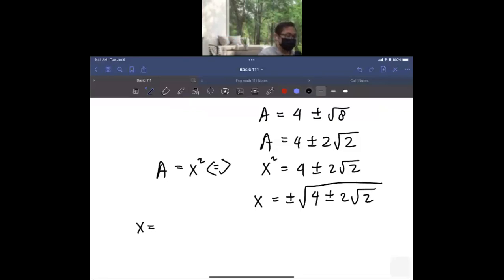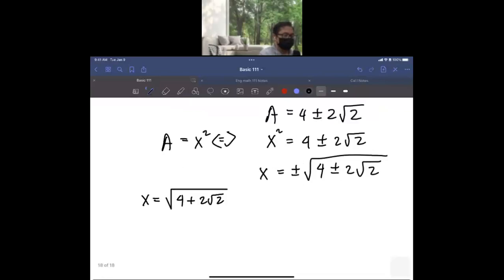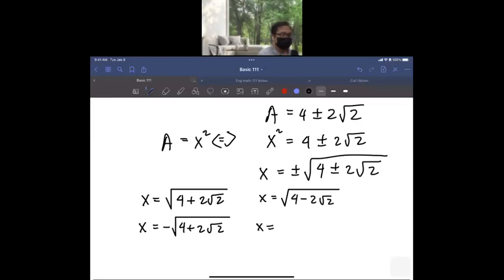Okay, so we are going to have x is the square root of 4 plus 2 square root of 2, and then the negative part of it, and then we have the minus, and the other part.